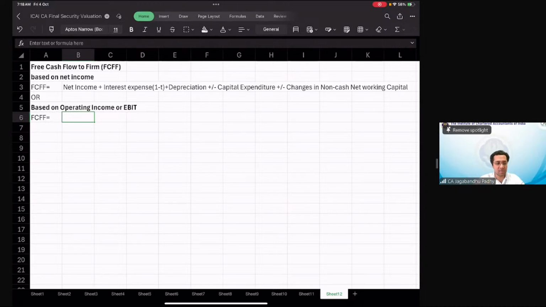Hey guys, how do we start with this? EBIT, okay, less tax and interest, 1 minus T, okay.